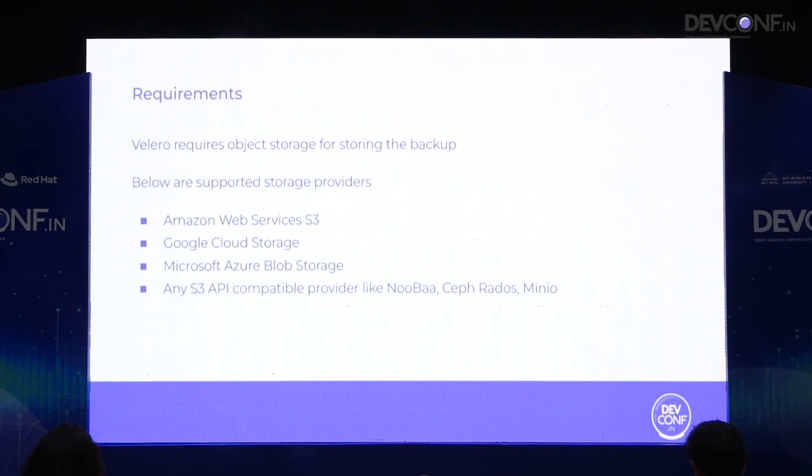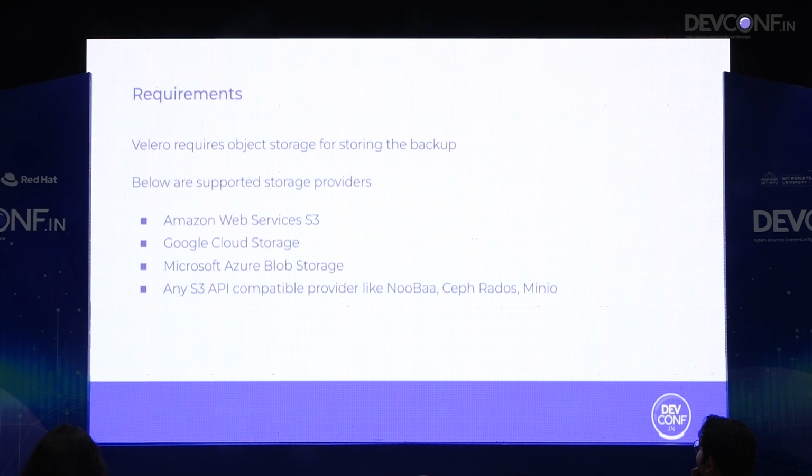In order to use this, you need to have object storage. Object storage is storing your objects with a cloud provider in terms of buckets. We'll see an example. You need object storage in order to store your data. The supported storage providers are Amazon S3, Google Cloud, and Microsoft Azure.